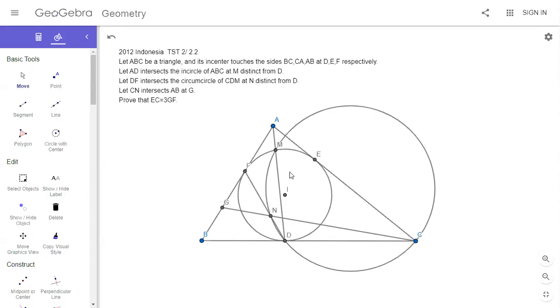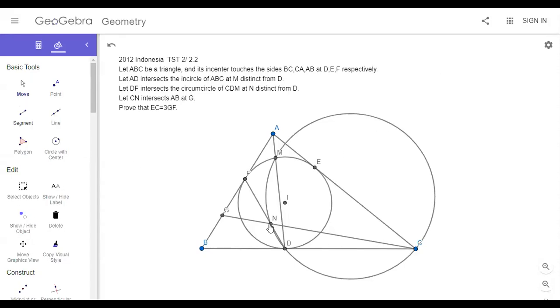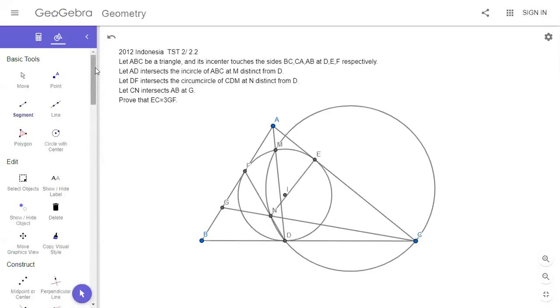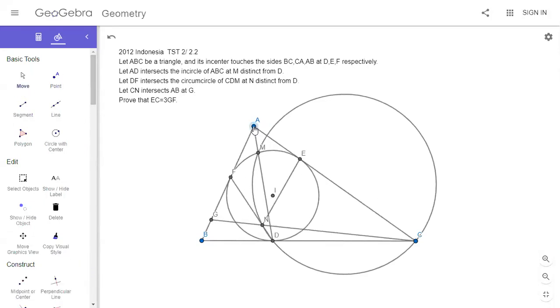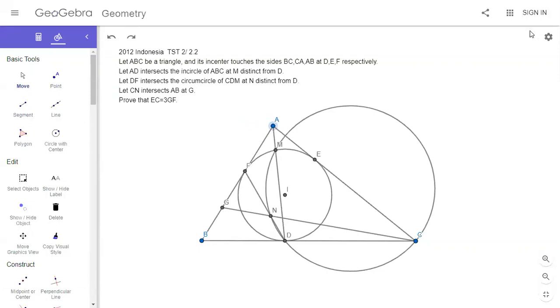Are N and E collinear? Almost. Doesn't look like it though. Let's see.